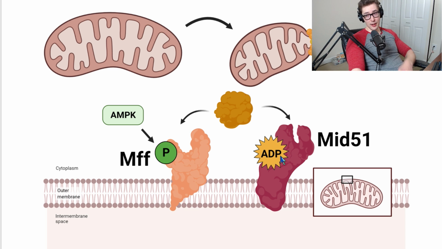MiD51 has a binding pocket, so the protein has a particular shape that allows for ADP, the adenosine diphosphate molecule, to bind to it, and then from there it changes the shape of the MiD51 protein, and as it is a receptor, DRP will then bind to the receptor and lead to fission yet again. So you have a number of different mechanisms through energetics, through metabolism.